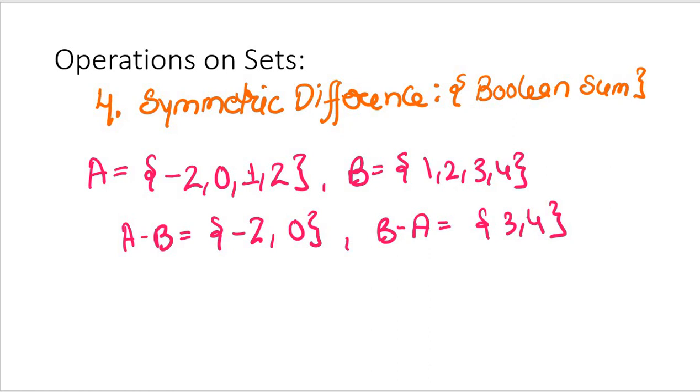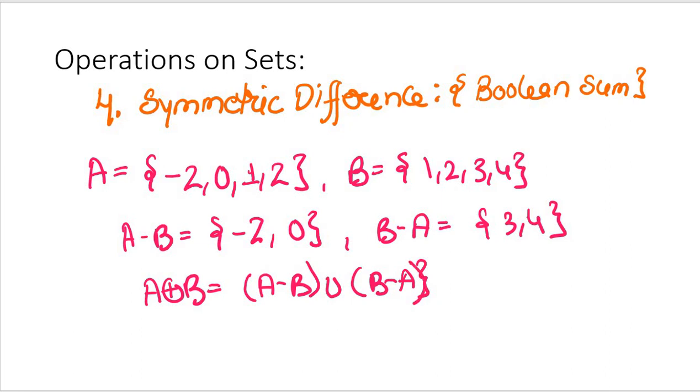So A symmetric difference B will be A minus B union B minus A. So what we get from here is -2, 0 union 3, 4.